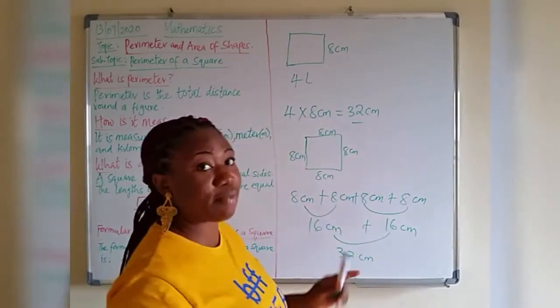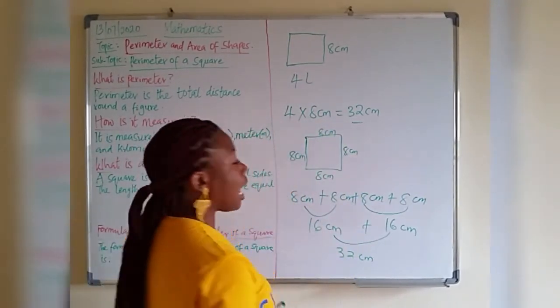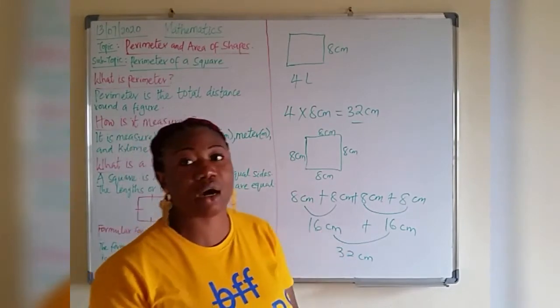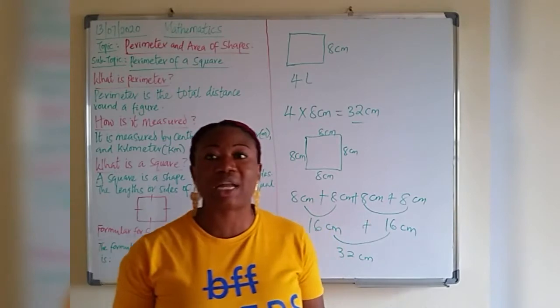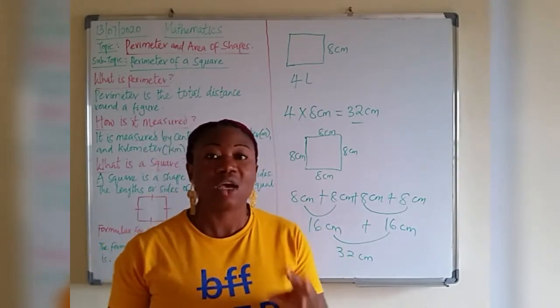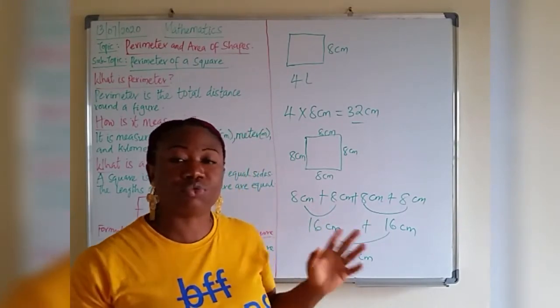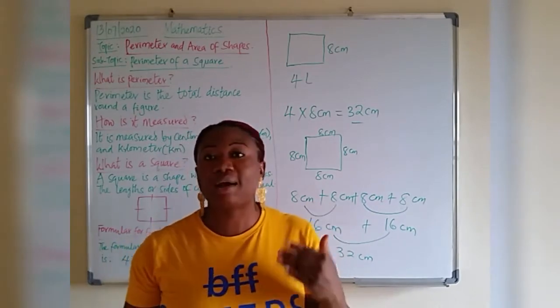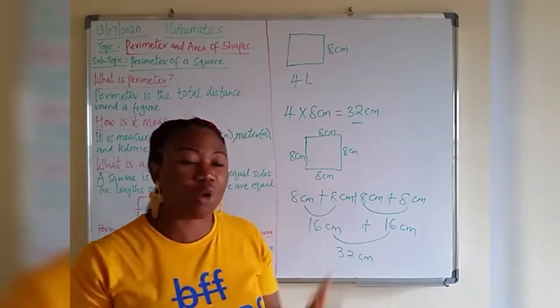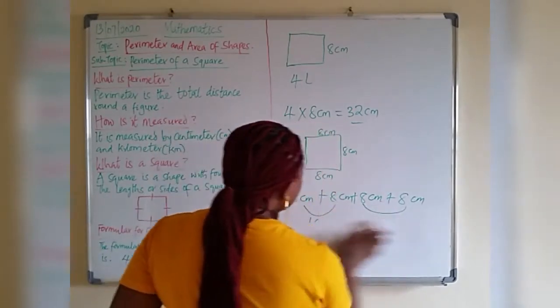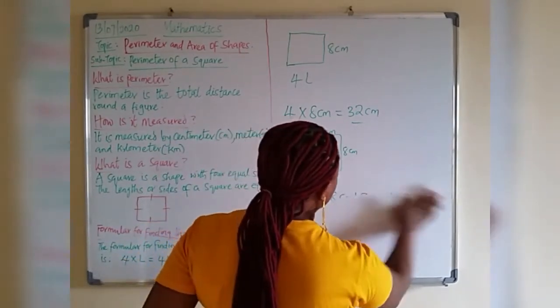It is that simple. Now I'm going to rub off the board, and I want us to take more examples. We're going to take one example on rectangle and one example on square in order to refresh our memory on what we did last week, okay?